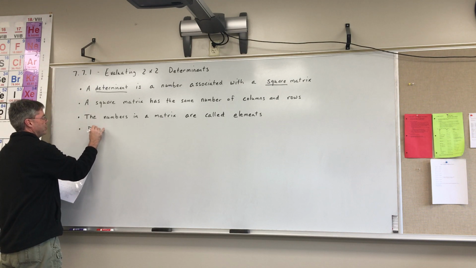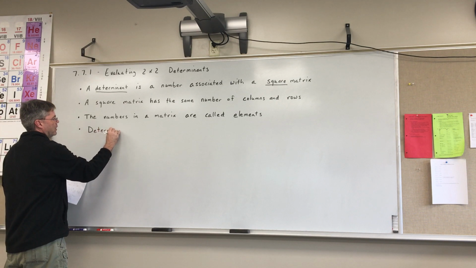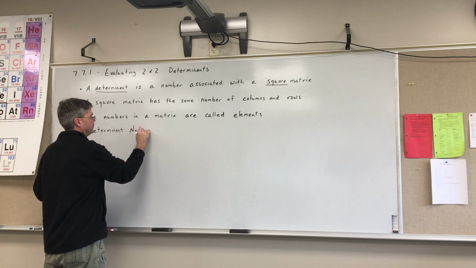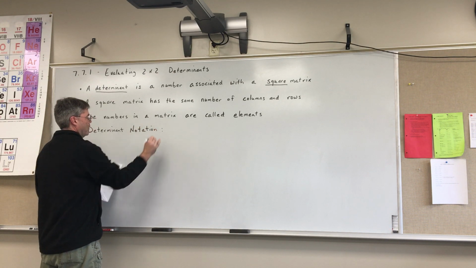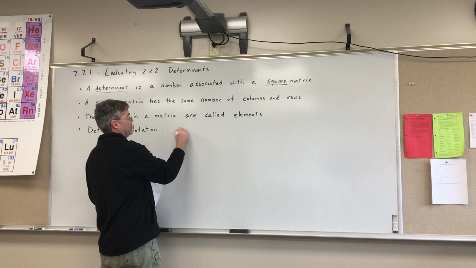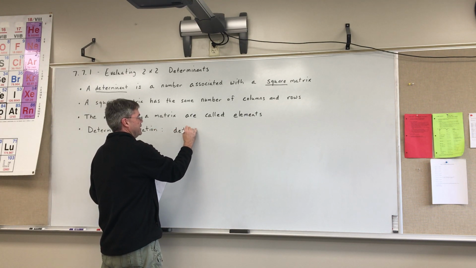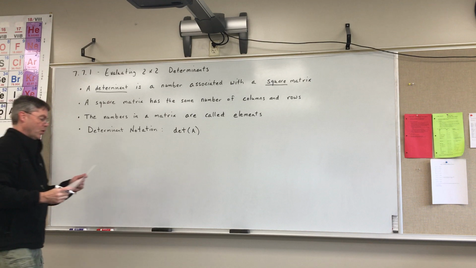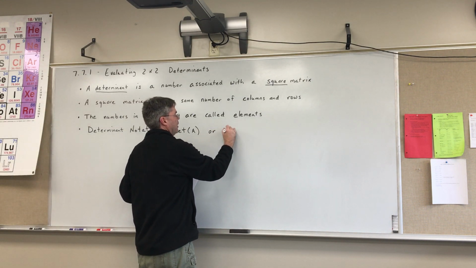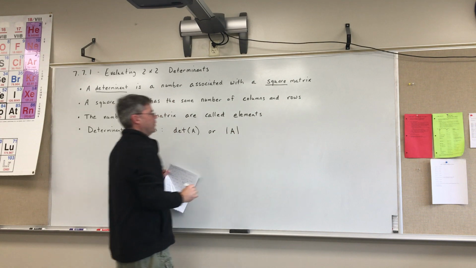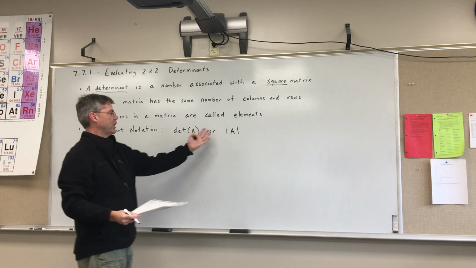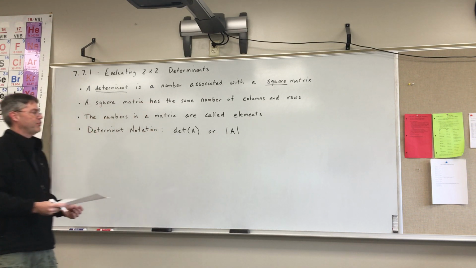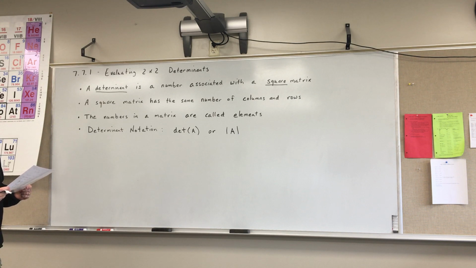And determinant notation: if you're asked to find the determinant, you'll see something like this, DET for A. That's saying find the determinant of matrix A. Or something like that. So it looks like the absolute value symbol, but if you're working with matrices, you know that you're not trying to find an absolute value, you're trying to find the determinant of a matrix.